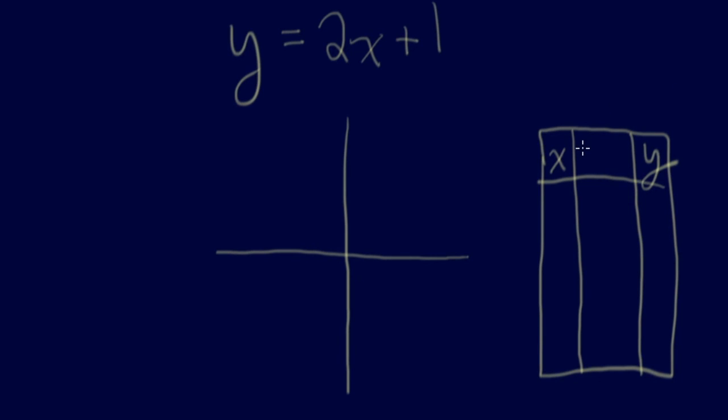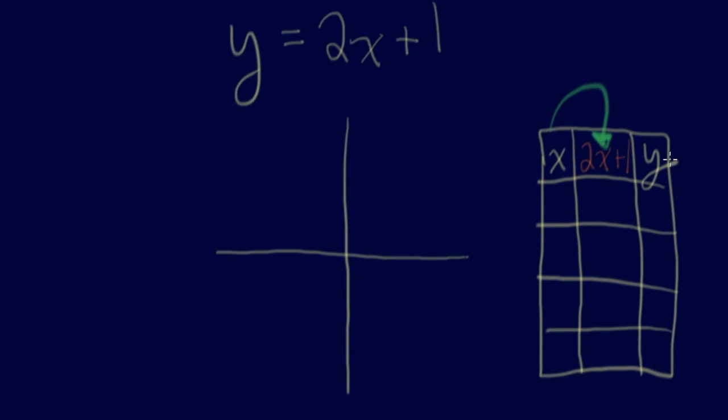So I'm going to put down the equation here, 2x plus 1. And now I get to go and pick numbers for x, any number I want, plug it in. So I'm going to plug in whatever I choose for x right here, and get an answer for the y. How does that sound? Does that sound pretty good?